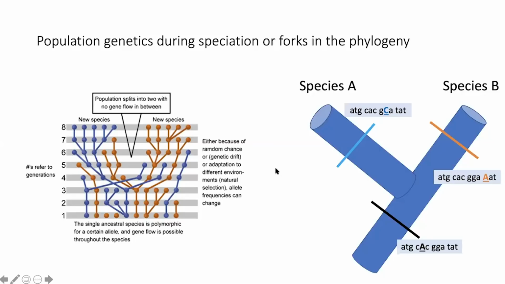So what I'm showing you here is that there are these branching events, and then there are distinct mutations that are fixing in these different populations, and that is contributing to the genetic differences between these different species and contributing to their evolutionary divergence. So these differential fixations on these different branches, that's what really creates the pattern of the phylogeny.